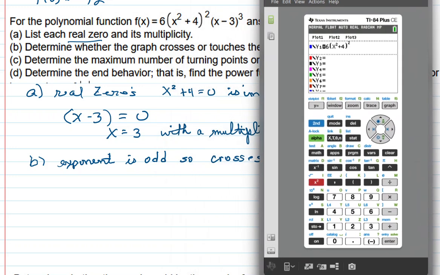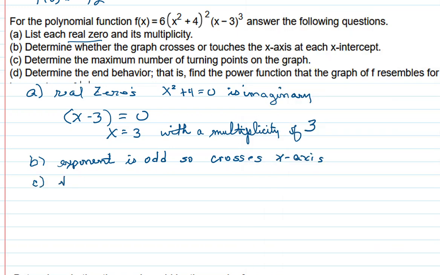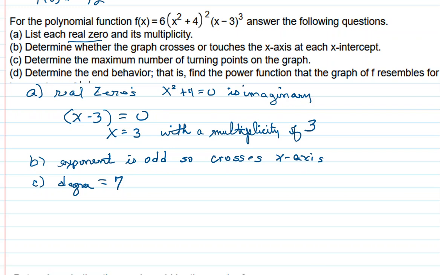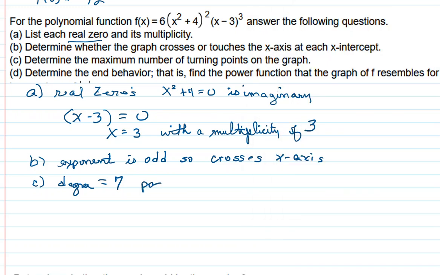Oh, and it's times. Oh my God. The degree is 7. So it's 6 possible turning points. Okay, let me get my calculator back out. I apologize for that. I omitted that this was a multiplication.